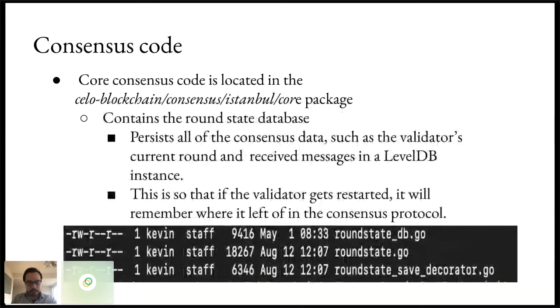In addition to containing the logic for the state transition diagram that I showed before, it also contains a round state database. This database is a LevelDB instance. And for those folks that don't know what LevelDB is, it's basically an embedded key value store. Really roughly, you can think of it as a file, but with a key value interface for that file.